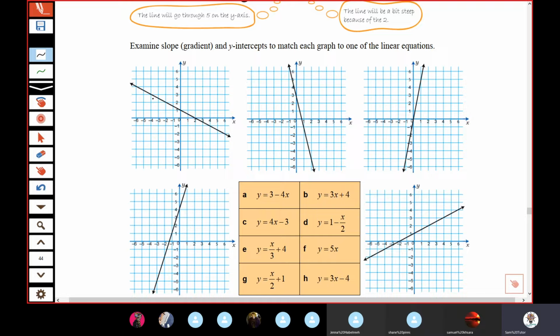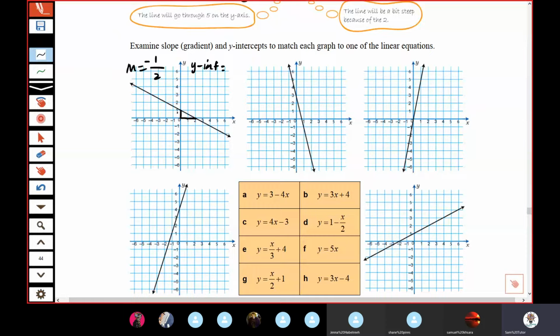Well, what do we know? We know it's got a slope that is negative. We know, in fact, we can find the gradient. The gradient is rise 1 over the run of 2, and it's sloped to the left, so it's negative. And then, what's your y-intercept?